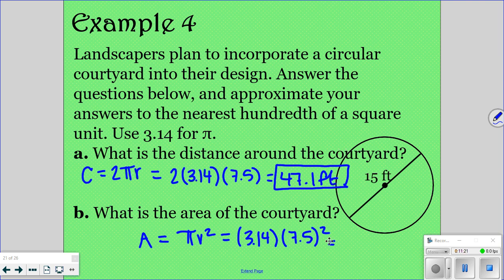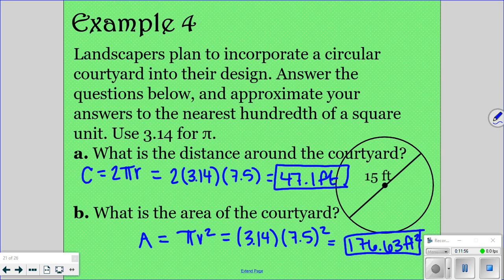So if you do 3.14 times 7.5 squared, you should get 176.63 because it said go to the nearest hundredth of a square unit. And then feet squared would be your answer. So that's how you would find the distance around the courtyard and the area.